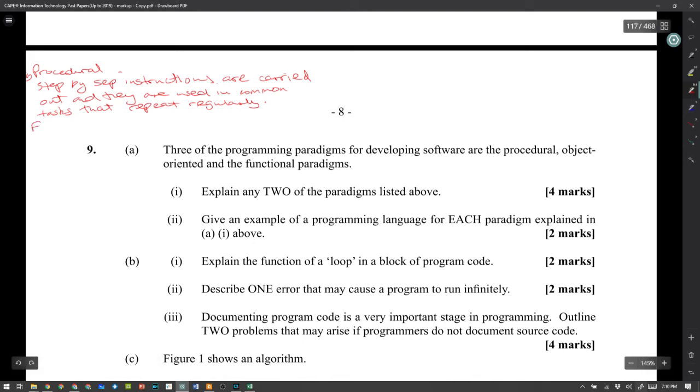Next easiest one is functional. Explaining object-oriented could be plenty, because you have to explain classes and objects, but functional is very easy to explain.